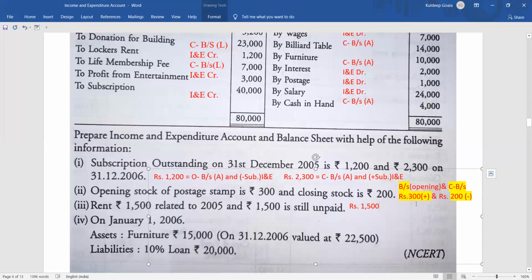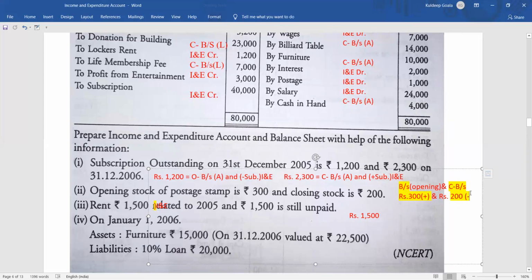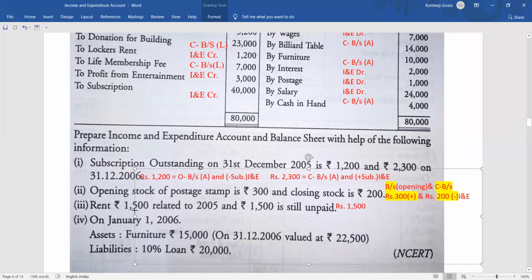Opening balance sheet, and this portion as a whole will come in the income and expenditure account. Clear? It will come in the income and expenditure account. This is how it will be solved.